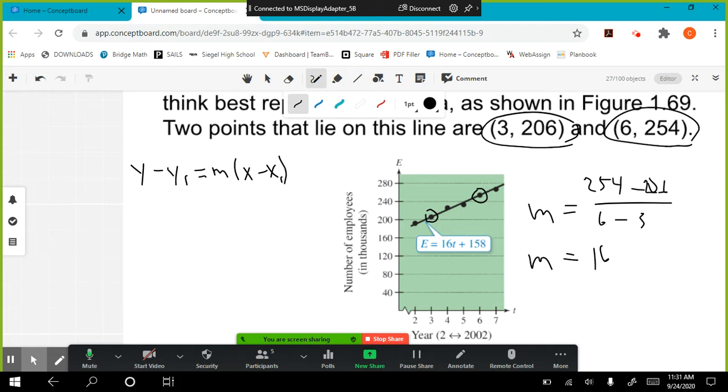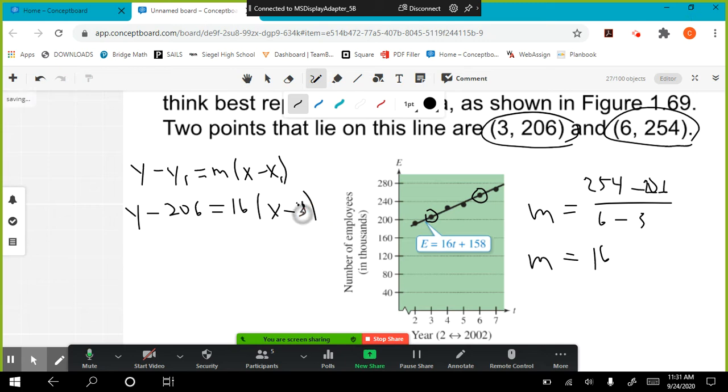And then we can use either one of those points to substitute into our point slope formula. So I'm going to say y minus 206 equals 16 times x minus 3.